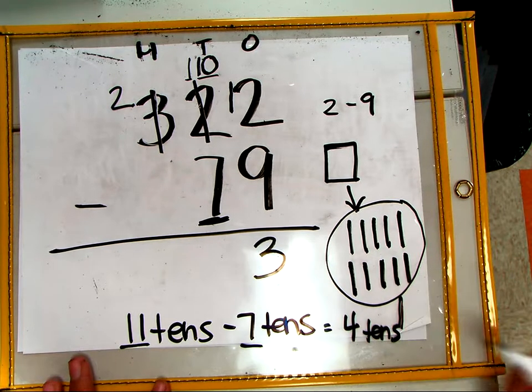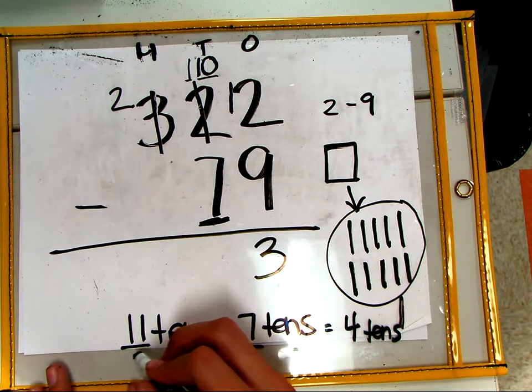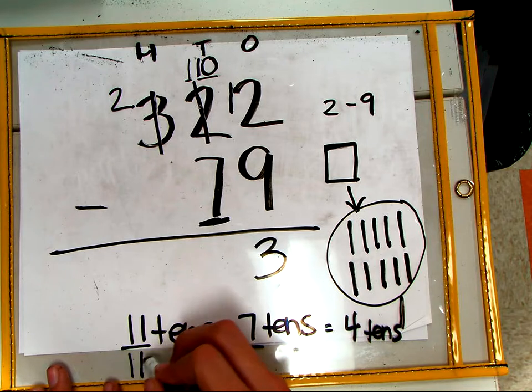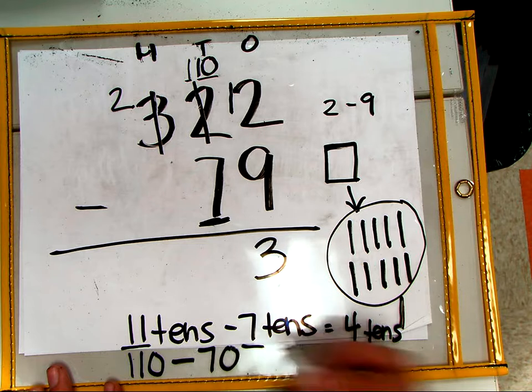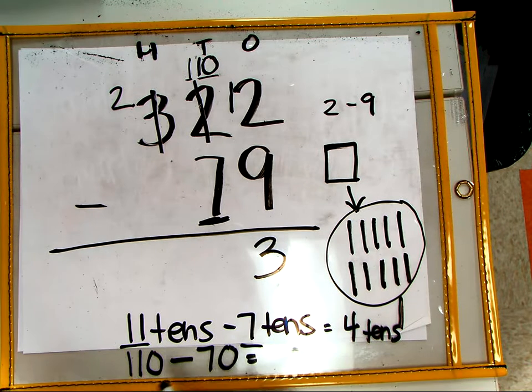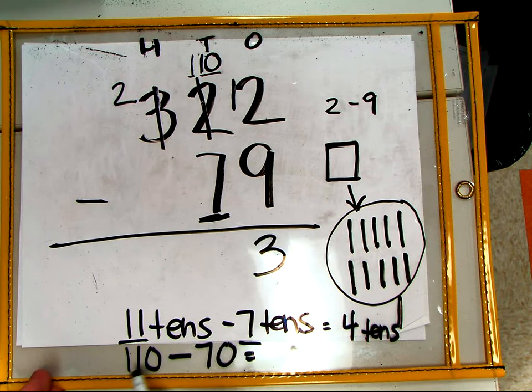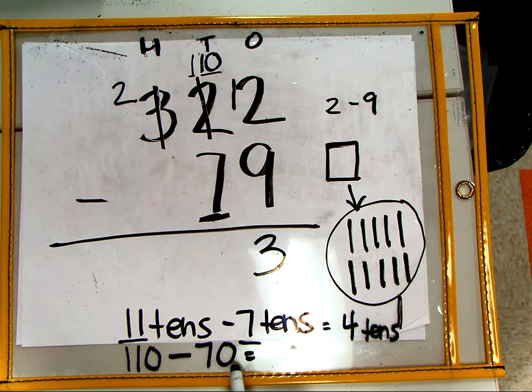If I thought about that as real numbers, 11 tens is 110 minus 7 tens, which is 70. Now, here's the benefit. A lot of students are going to struggle if they see 110 minus 70. It's a lot easier if they think about it as 11 tens minus 7 tens.